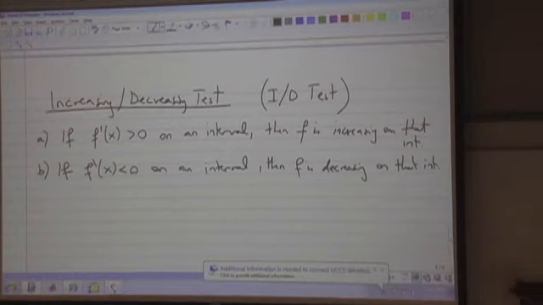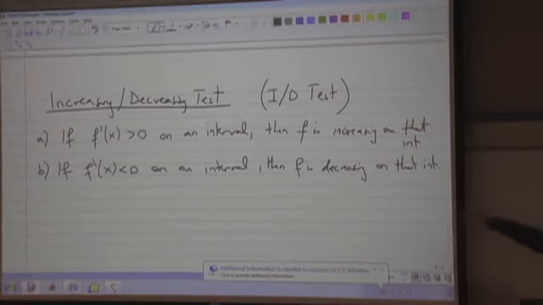Like for instance, I gave you an example of x cubed. We took the derivative, and at 0 your function actually has something called an inflection point, and we'll talk about this towards the end of the section. But the point is, that's not a minimum or a maximum, yet it is a critical point, right? So how can we actually distinguish between points that aren't minimums or maximums and points that are?